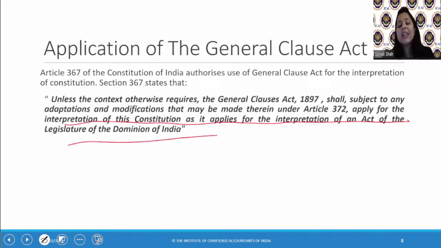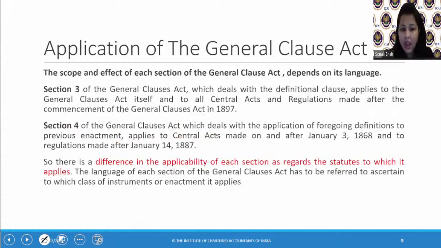So GC Act is equally applicable for the interpretation of Constitution of India as it is applicable for interpretation of the central acts of the Dominion of India. Is that clear?